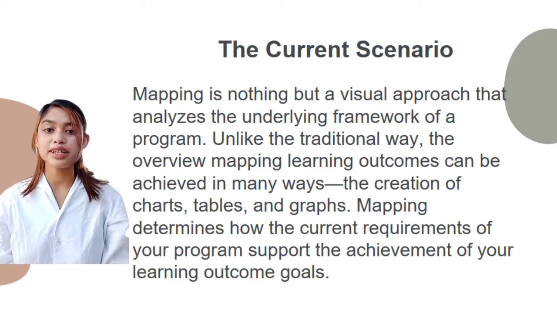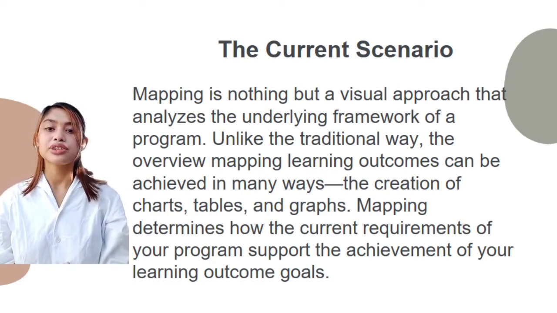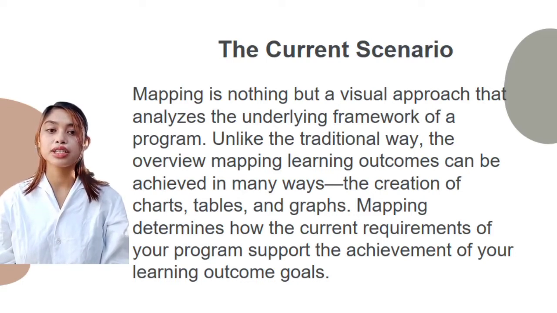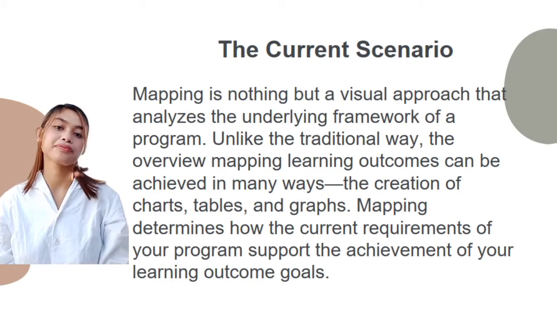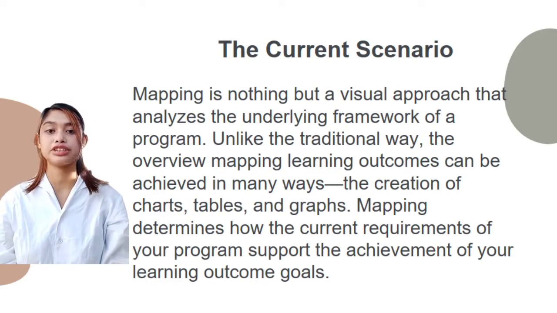Mapping determines how the current requirements of your program support the achievement of your learning outcome goals. So the current scenario is quite creative because we can have it in charts, tables, or graphs. Unlike the traditional way, they are quite different.